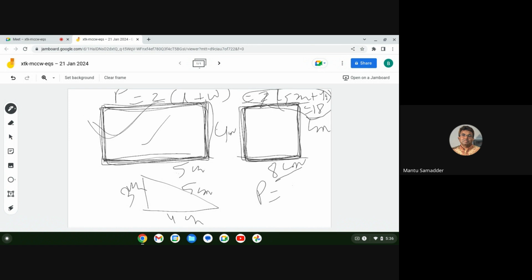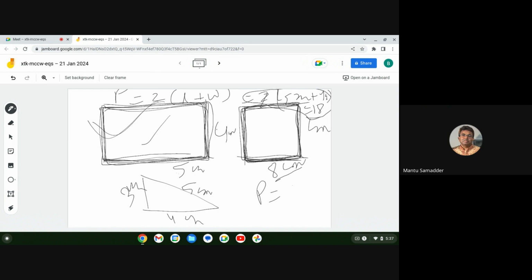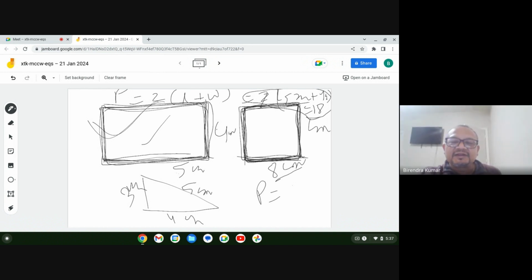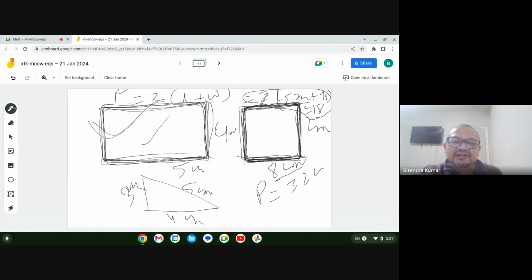No, for the square. Look at this. Square means every side is same. So it's 16? No, it'll be 8 times 4. So this is 8 plus 8 plus 8 plus 8. 32. 32 centimeter. Or if you remember the formula, it was 4 times length. So 4 times 8.